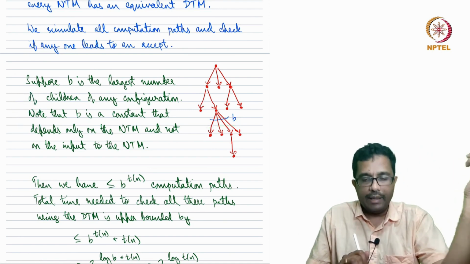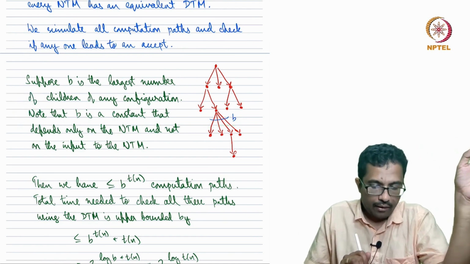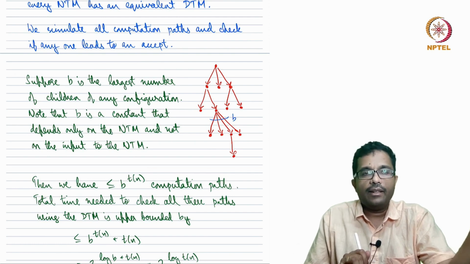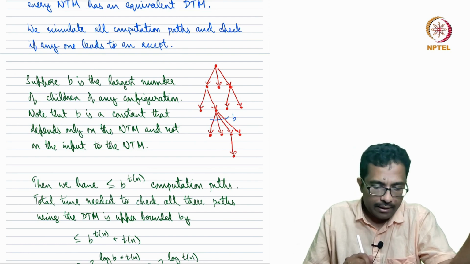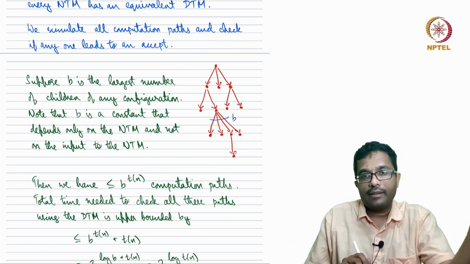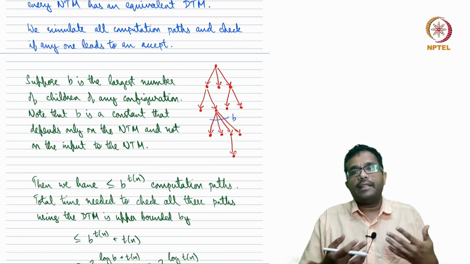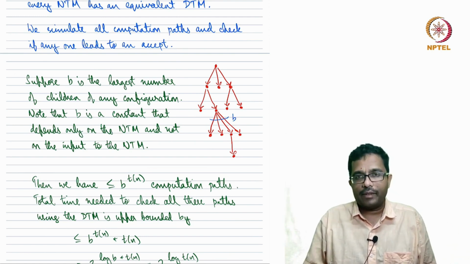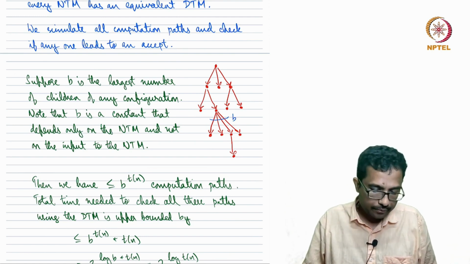So b, let's say, is 4. Once a non-deterministic Turing machine is defined, the constant b depends only on the Turing machine, not on the input. This is something one has to understand.